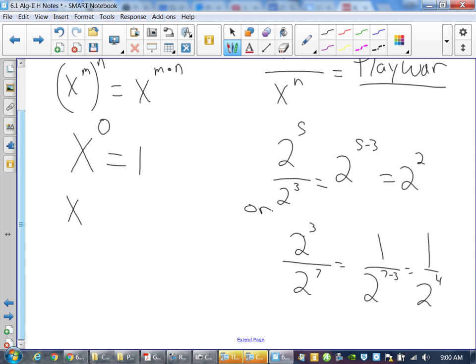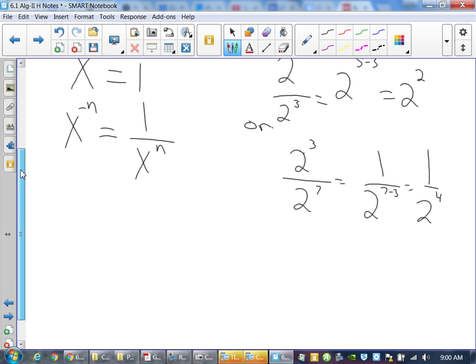So, anything to the negative power, make them happy, send them to the other side. If they're not happy in the numerator, they'll be happy in the denominator. And if they're not happy in the denominator, where are they going to be happy?